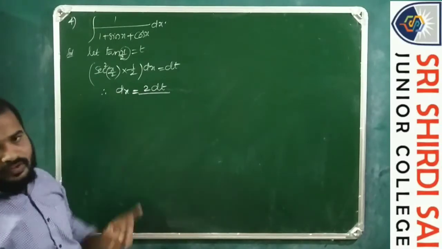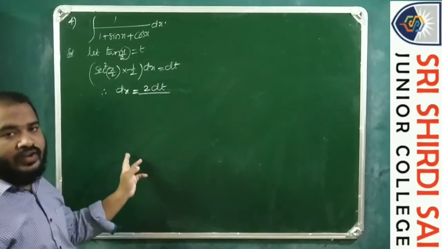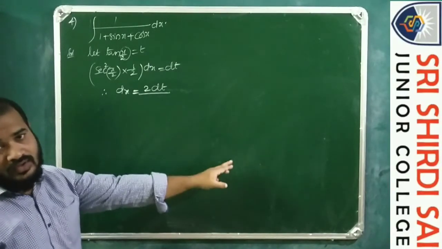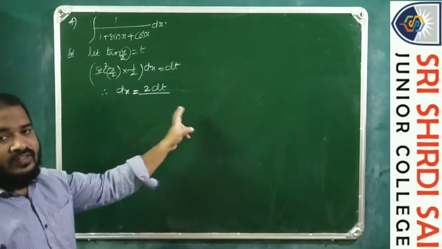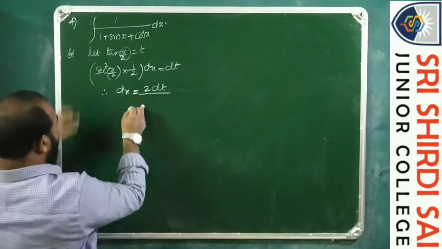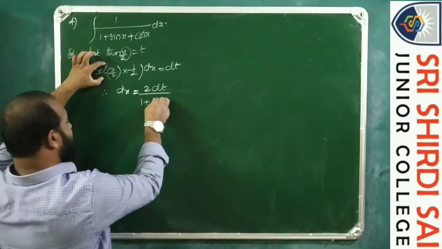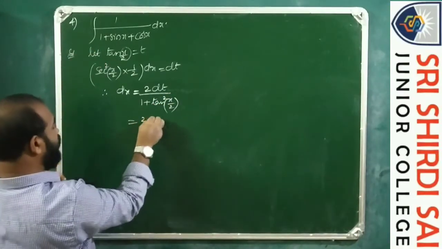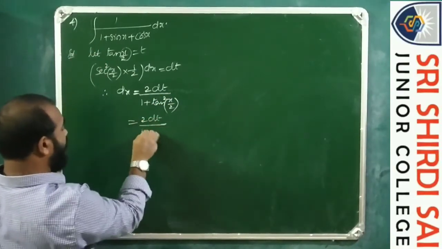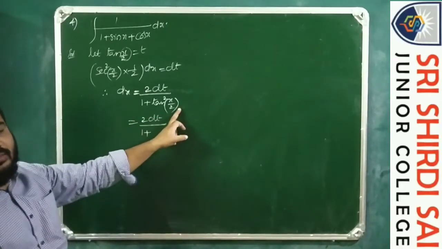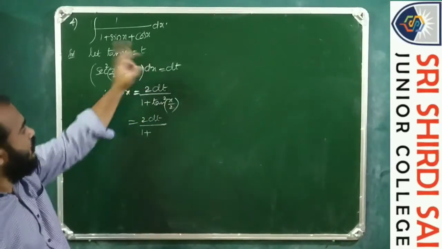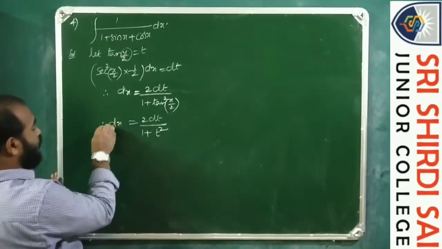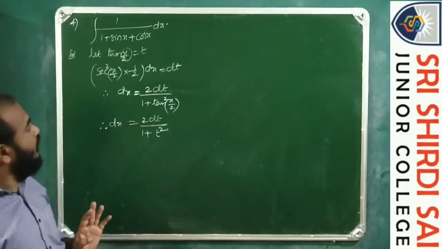Secant square x by 2 minus tan square x by 2 is 1, so secant square x by 2 is 1 plus tan square x by 2. So this is 2 dt by 1 plus tan square x by 2, which is tan x by 2 whole square, and tan x by 2 is t, so t square. Therefore dx is equal to 2 dt by 1 plus t square.